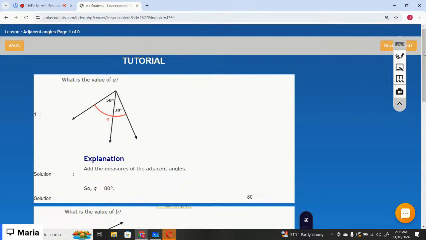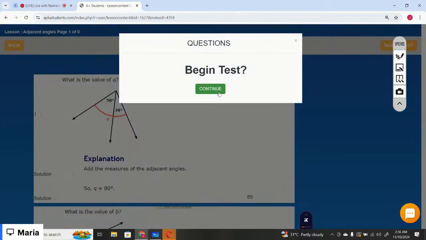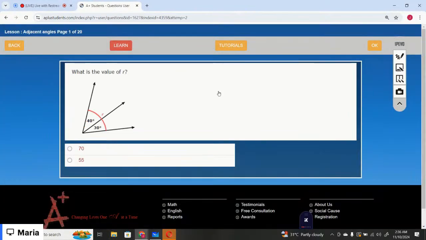Let's just start with the test questions. What is the value of R? Which is the correct option?